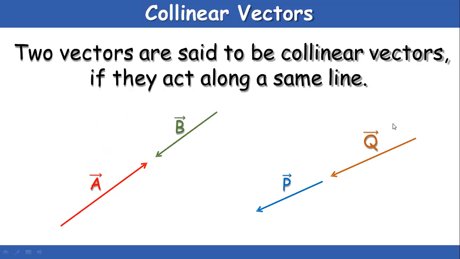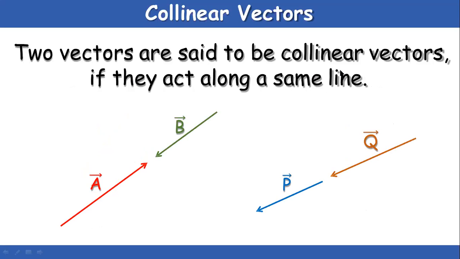Now the next type of vector is collinear vectors. Collinear vectors means they are traveling in the same line. Two vectors are said to be collinear vectors if they act along the same line.